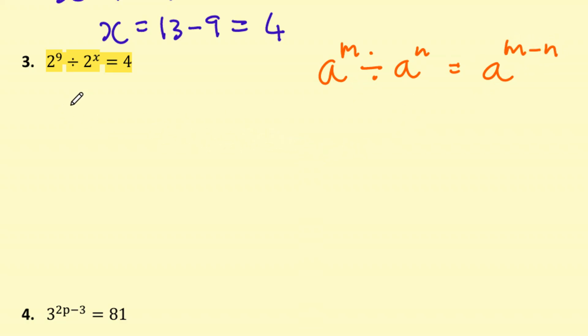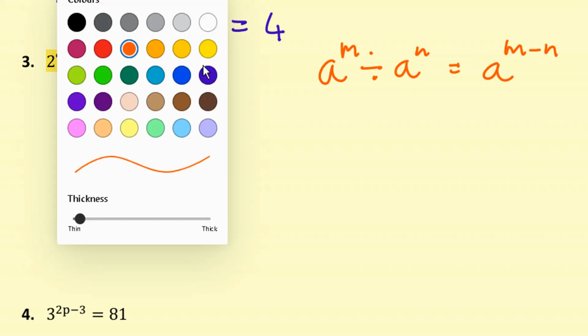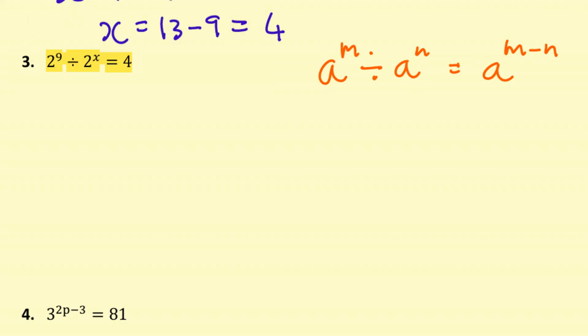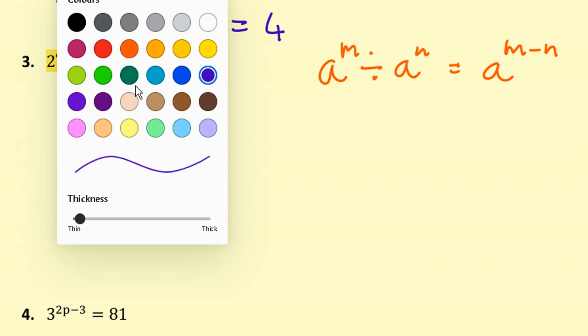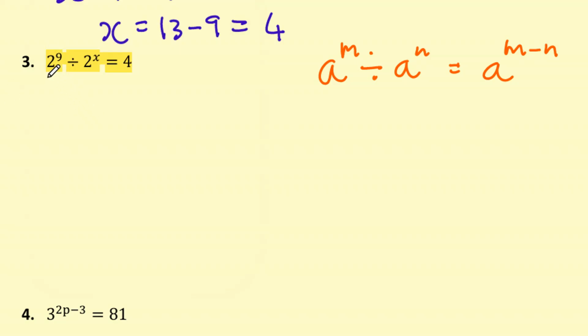So applying this law on the left-hand side of the equation, because the bases are the same, we can subtract the powers. So it's going to be 2 to the 9 minus x equals 4.